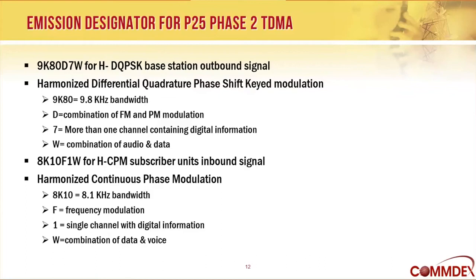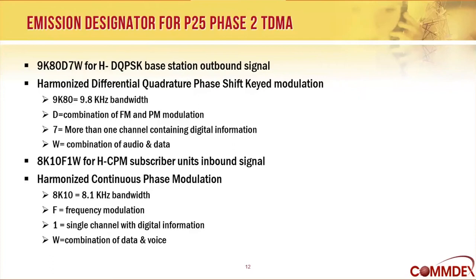On the uplink or inbound side, we might see an emission designator of 8K10 F1W. And HCPM stands for Harmonized Continuous Phase Modulation. So again, this is the inbound side of phase 2. The 8K10 means we have an 8.1 kilohertz bandwidth. F for frequency modulation.